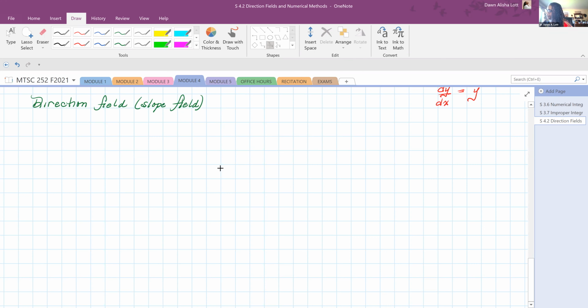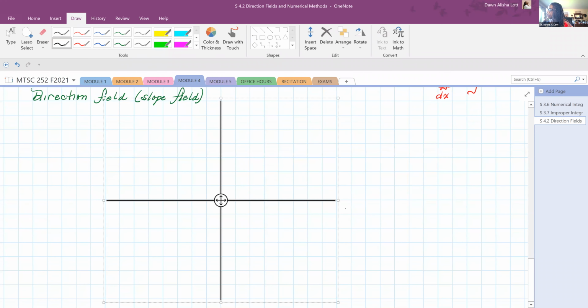So here's my grid. And this is x, and this is y. Right here, at this line, the x-axis, y is equal to 0. And so if y is equal to 0, I'm going to go to every point.